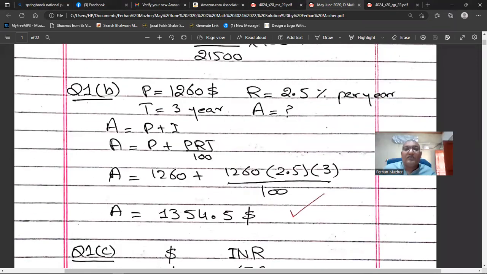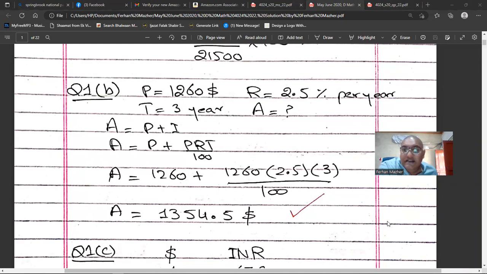So here we go. The principal is $1,260. The rate is 2.5% per year. The time is 3 years. The amount at the end of 3 years is the question. So the amount is equal to the principal plus the interest. So amount is equal to the principal plus PRT divided by 100. So the amount will be 1260 plus, and then we have a fraction 1260 multiplied by 2.5 multiplied by 3 divided by 100.